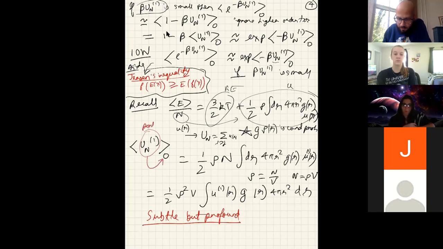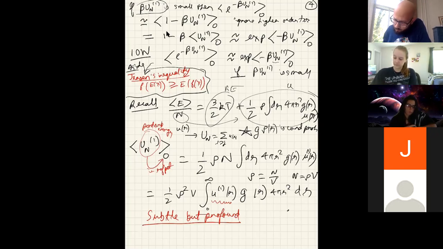So perturbation energy in reference potential. That's why you see the perturbation energy over here. The r itself goes from 0 to infinity.